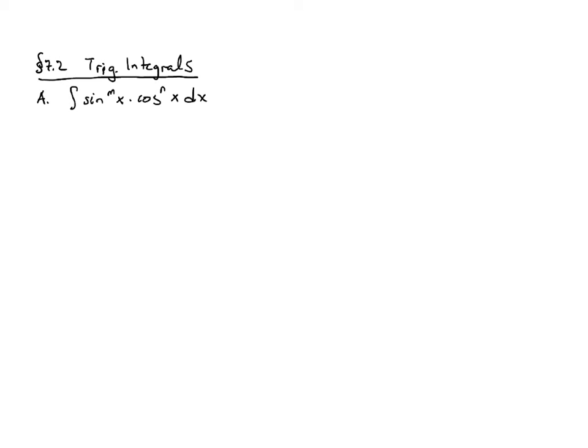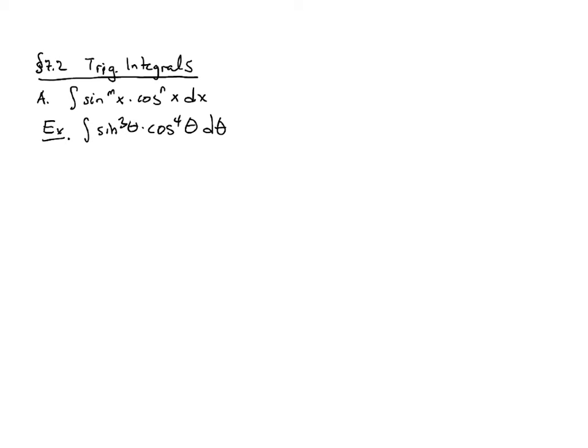And there are three essential cases in here, and I'll do one example and then I'll show how things work out in general. So here's an example. We want to compute the antiderivative of sine cubed theta times cosine to the fourth theta d theta. That's a sine cubed theta, not a sine 3 theta.